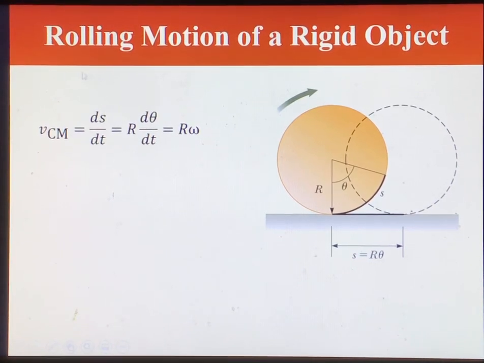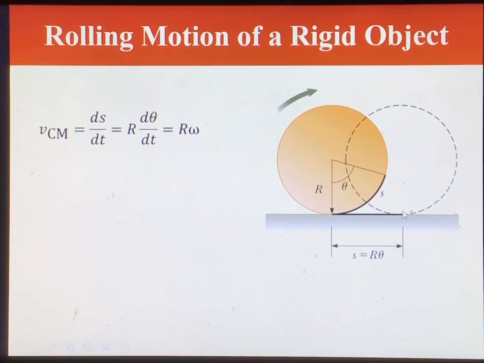Suppose that we have an object that is rolling from this position to this position. By the time it rolls from the initial position to the final position, the distance that it has traveled must be equal to s, where s is the arc length.